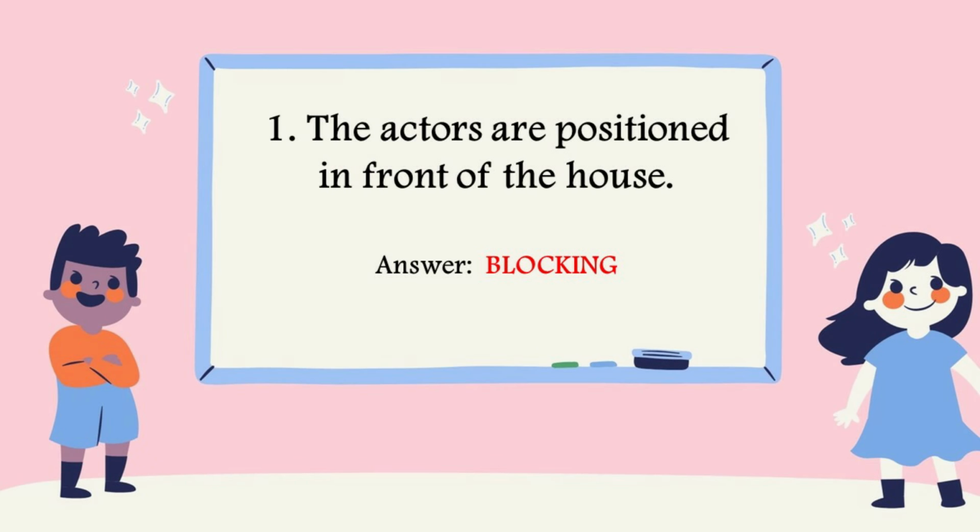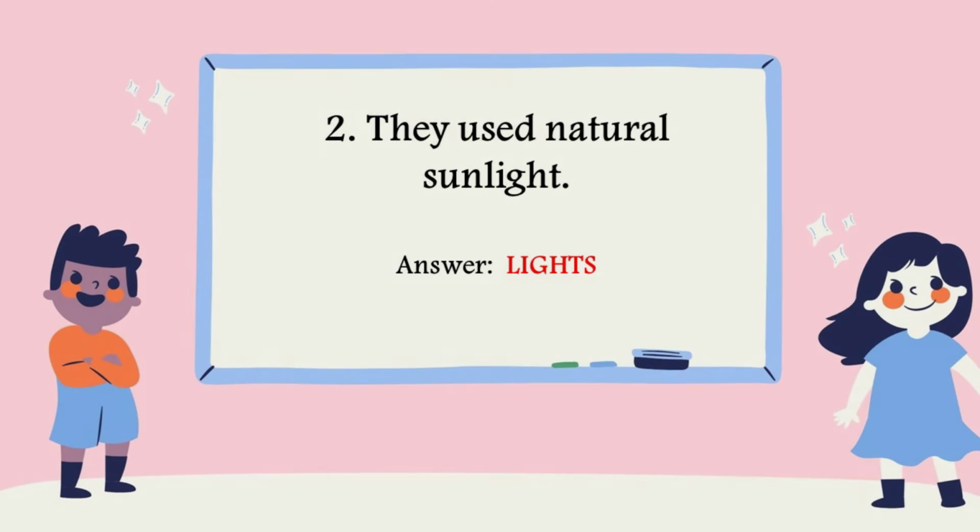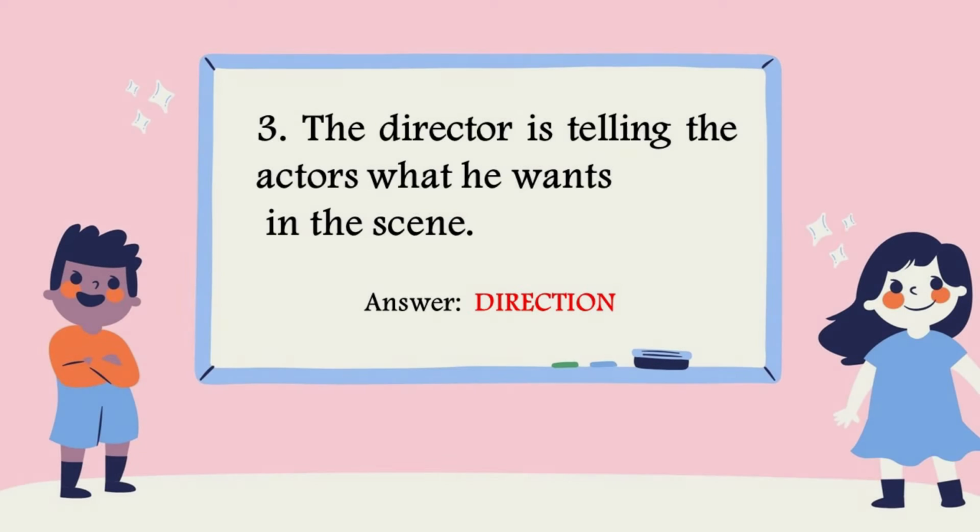Are you done, grade 6? Now, let's check your answers. For item number 1, the actors are positioned in front of the house. The answer is blocking. Number 2, they use natural sunlight. The answer is lights. Number 3, the director is telling the actors what he wants in the scene.